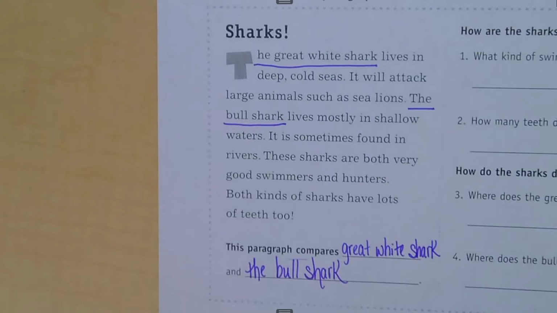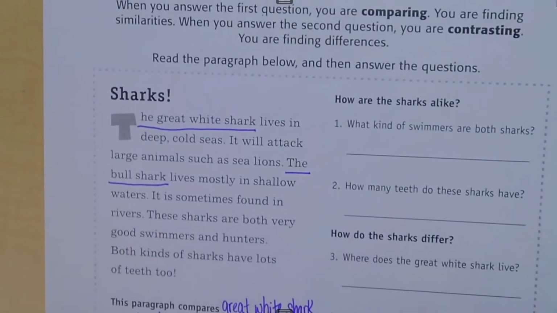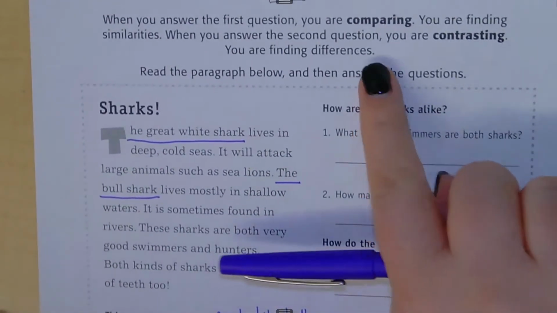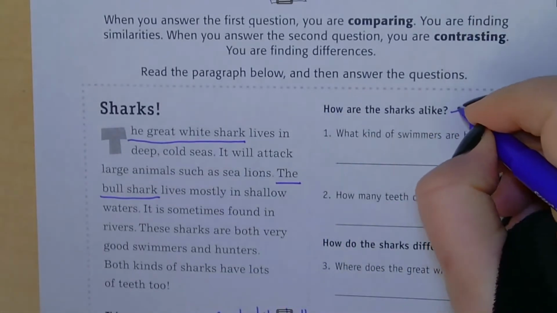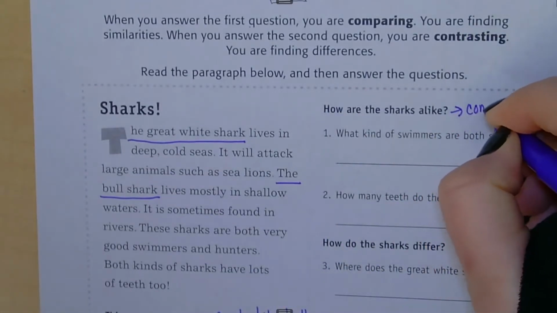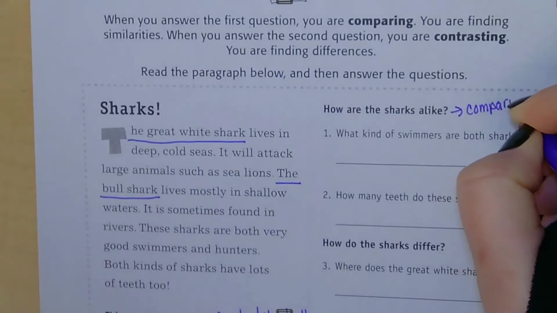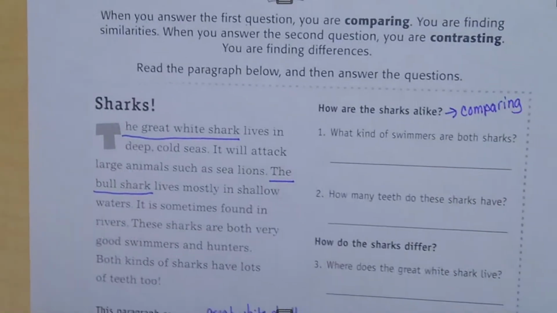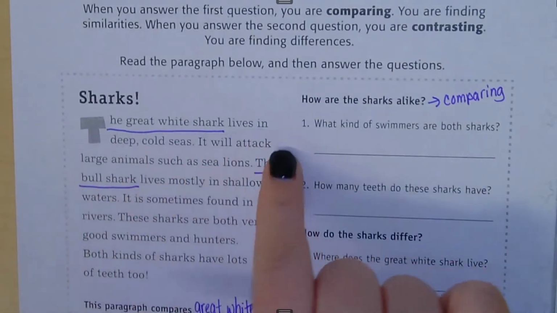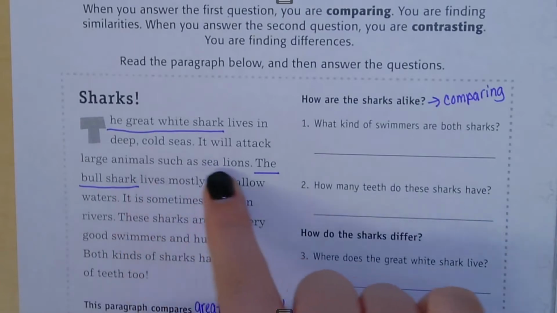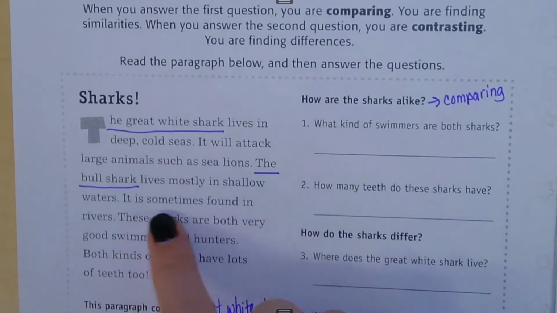All right? Now let's talk about how the sharks are alike. So this means that we are comparing. When you find out what is alike, we are comparing. So what kind of swimmers are both the sharks? Okay, well, the great white shark lives in the deep cold seas. It will attack. All right.